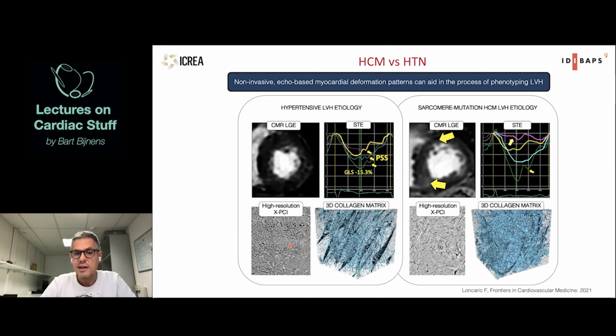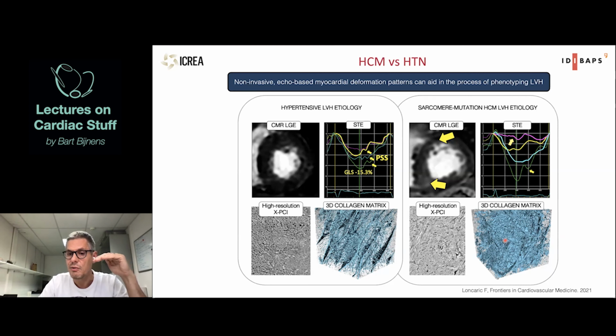The underlying tissue is structurally normal. However, there's quite a lot of very organized fibrosis. The whole tissue is organized. This combination, together with the geometry-related loading, means that locally in this basal part of the septum, you have less deformation plus post-systolic deformation, but you still have deformation.